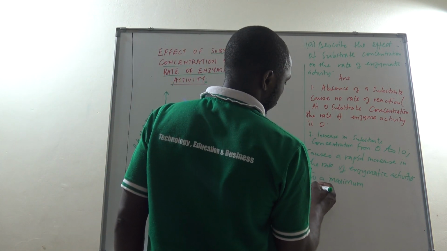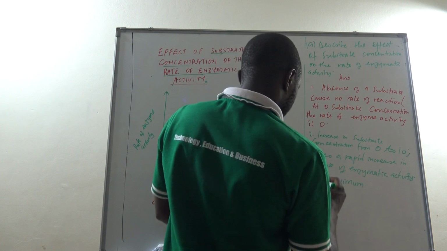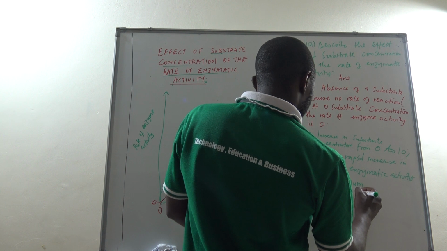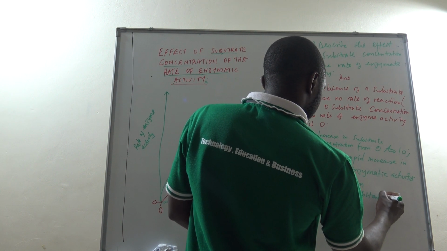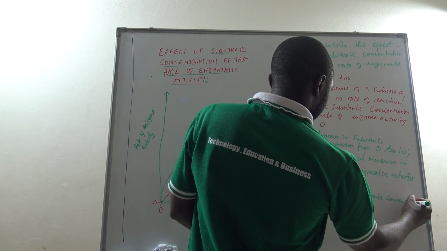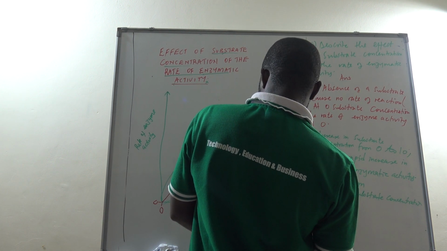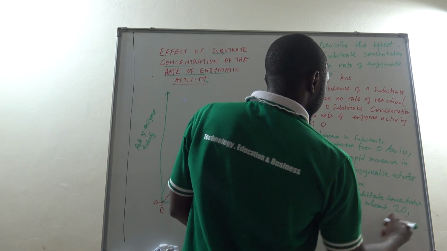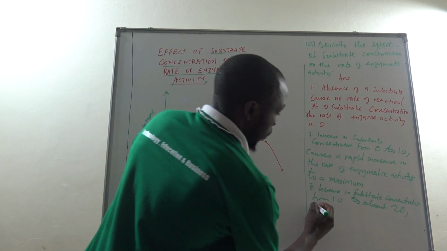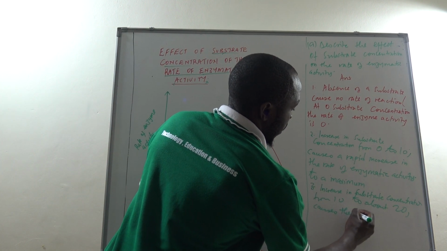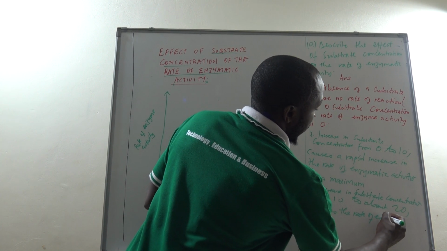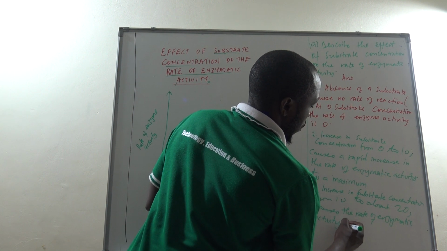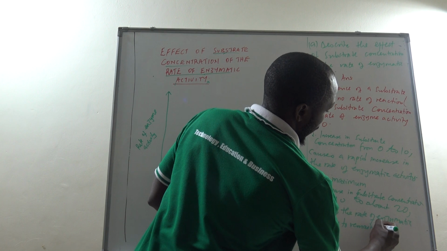We move on to 3. Increase in substrate concentration from 10 to about 20 causes the rate of enzymatic activity to remain constant.